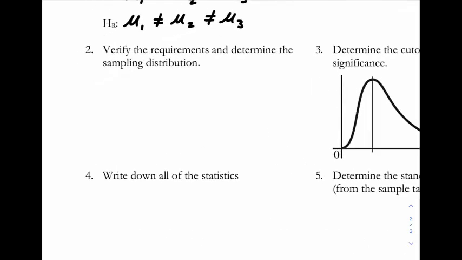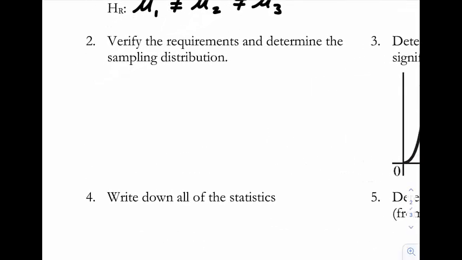So jumping back here to step number 2, verify the requirements. We have to have at least an approximate bell-shaped curve for each group. Up there it's shown that each one of the different procedures used for group number 1, group number 2, group number 3 are normally distributed.